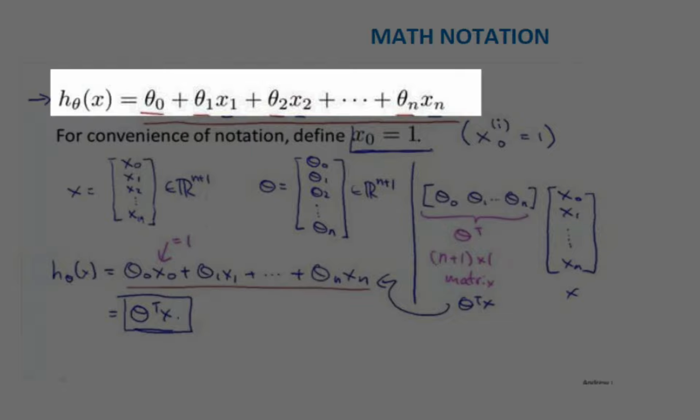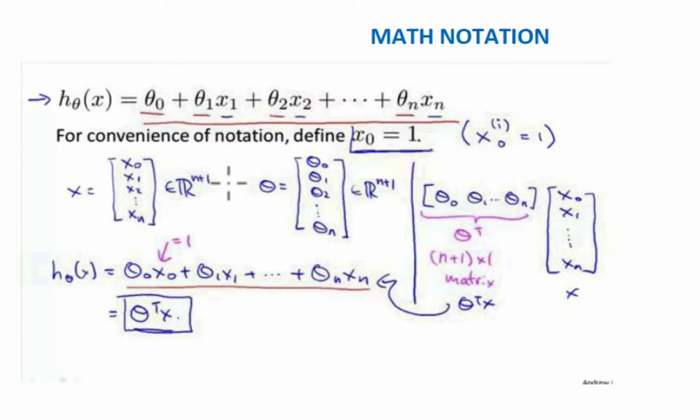So these values of x and theta can be seen as vectors going from x0. In this case, x0 needs to be equal to 1, up to xn or feature n, right? Then we have the theta values, these parameters. The terminology in machine learning is coefficients. In logistic regression, these are the coefficients.